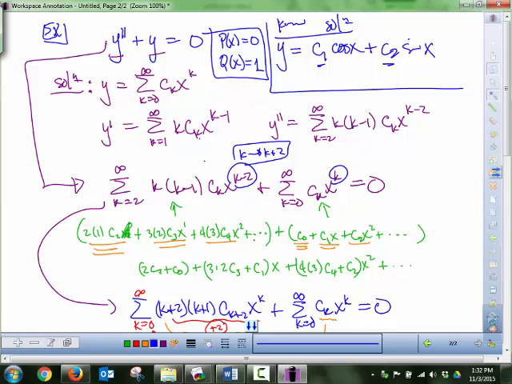Let's do this in a different color. Analytic at x naught is equal to 0. That's our center point that we used. We use that because this is the Maclaurin series. And then we also note, does this have any singular points? Does it have any bad points anywhere? No singular points.